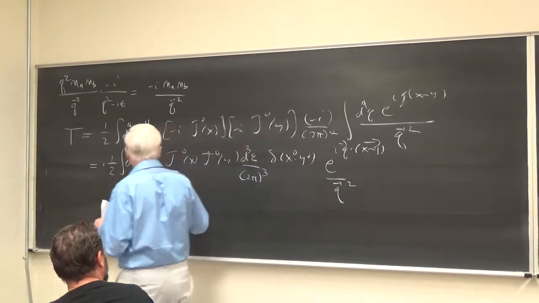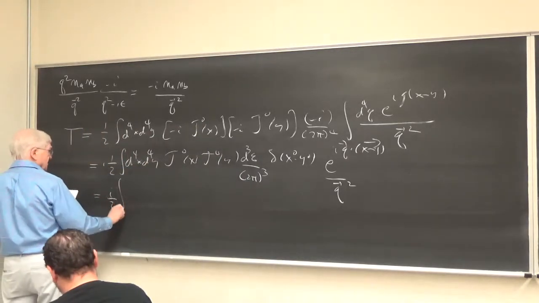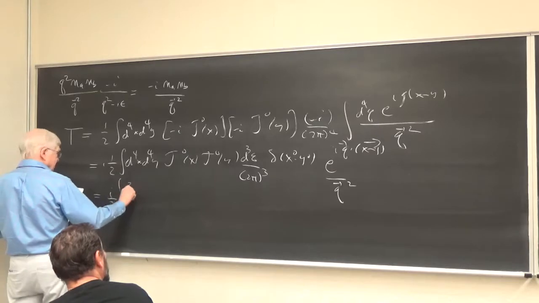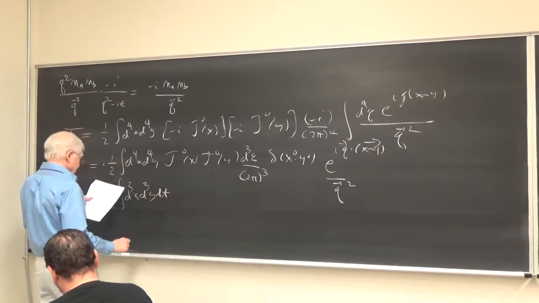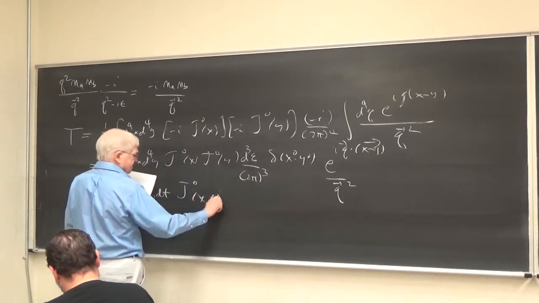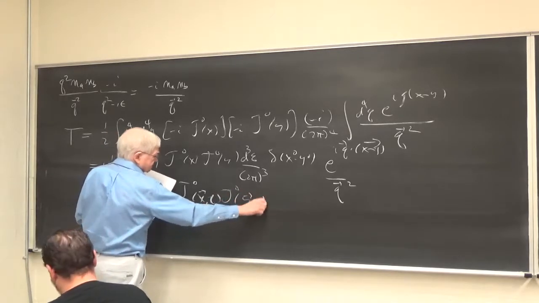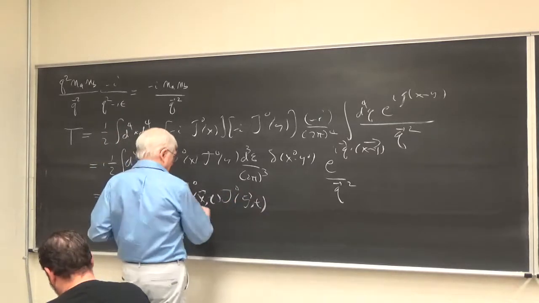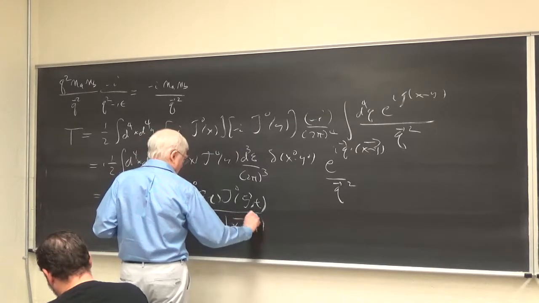Now if you do the y0 integration, you get i/2 integral d³x d³y dt j0(x,t) j0(y,t) over 4π|x − y|.